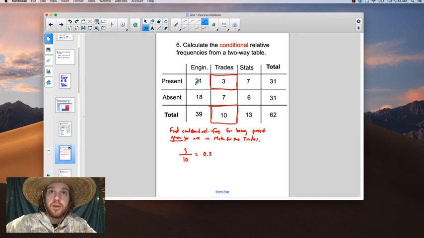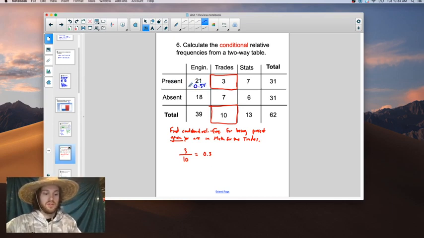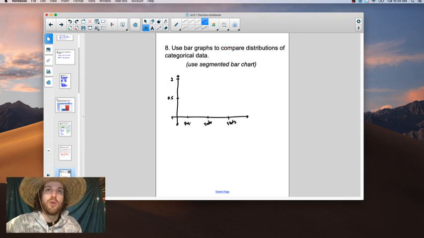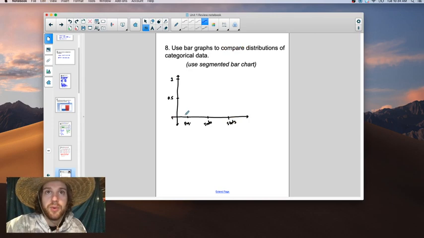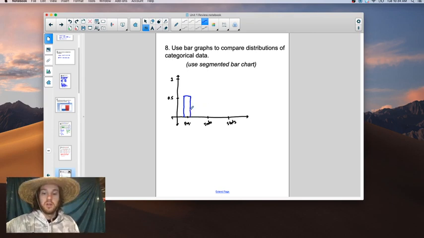I'm going to round up. It's like 0.54. I'm actually not going to put it on here because it looks like it's the relative frequency for the whole thing. So 54% of the people in engineering showed up. So I'm going to draw my segmented bar chart. That's going to go up to like right there and then come across. So that's for engineering.